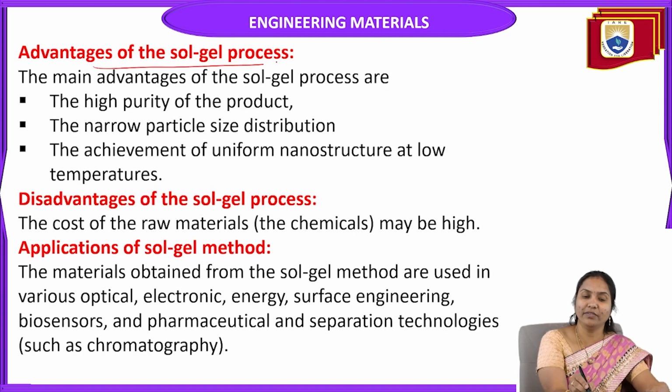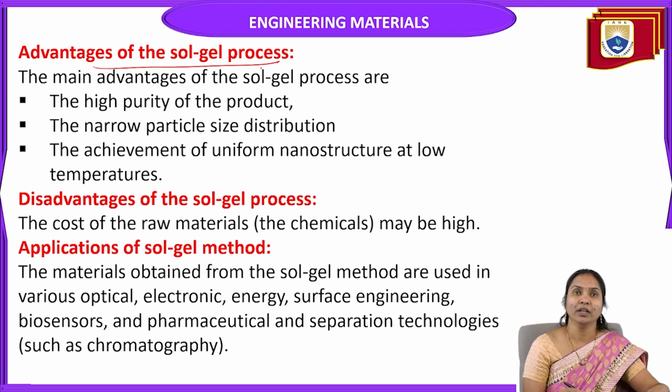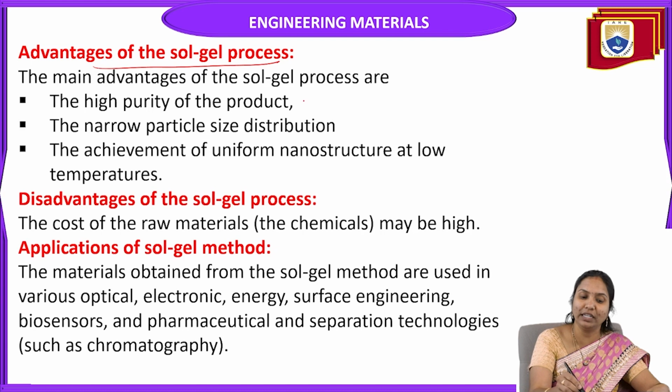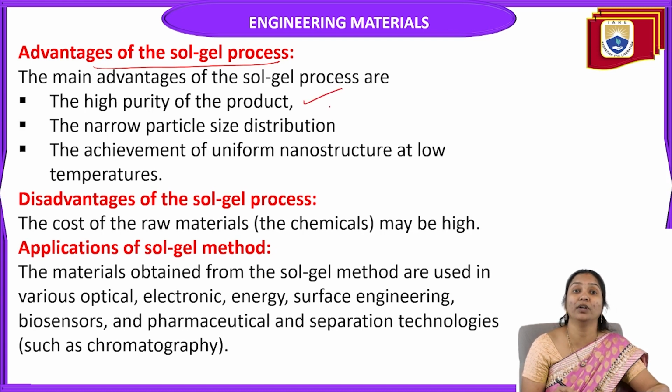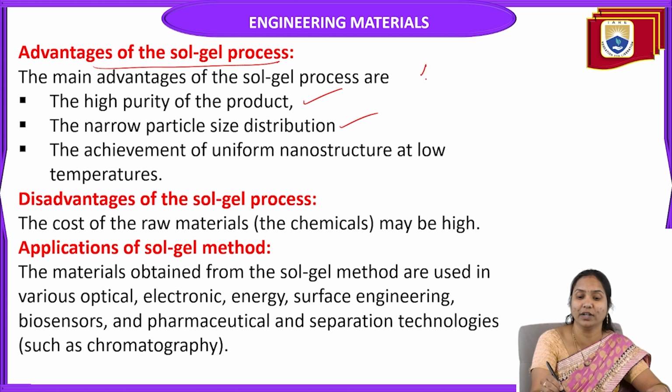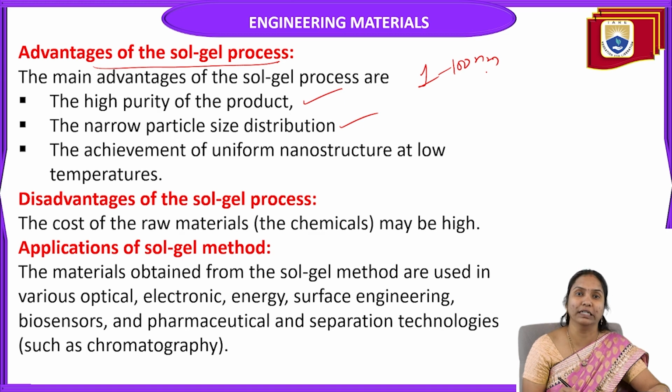Now let's discuss the advantages of the sol-gel process. The main advantages are the high purity of the product, and narrow particle size distribution, with very small particle size. Already we know that nanoparticle size is between 1 to 100 nanometers, and in this sol-gel method we can synthesize particles in that size range.